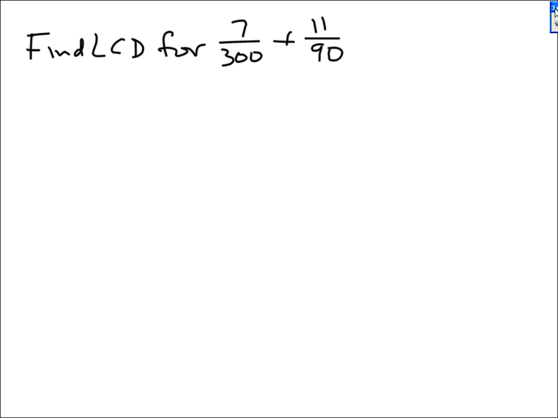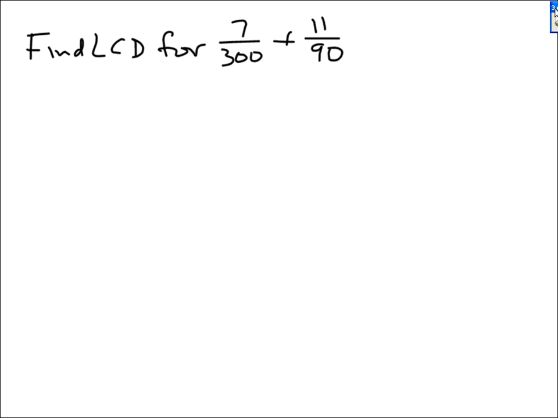Suppose you're asked to find the LCD for 7 over 300 plus, I don't know, 11 over 90. You should look to see if you can reduce. If you can reduce, do so.